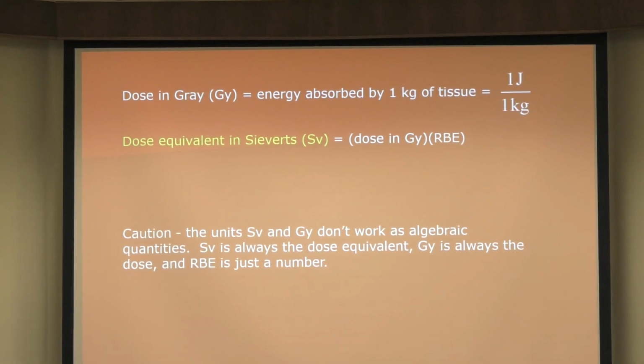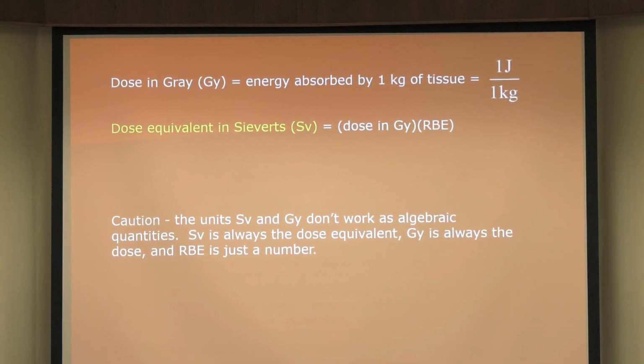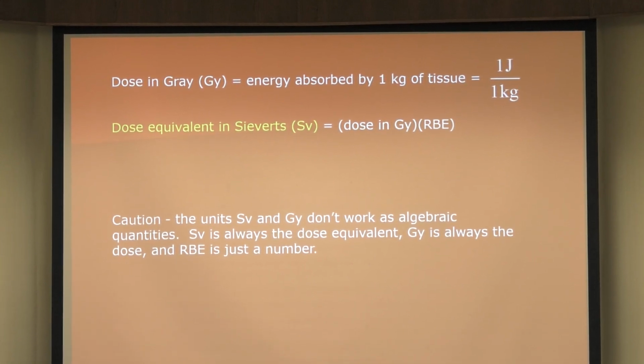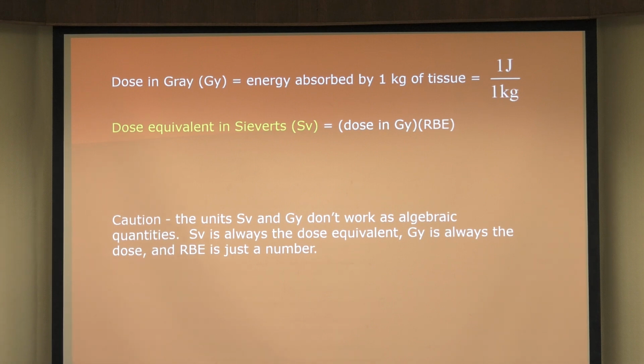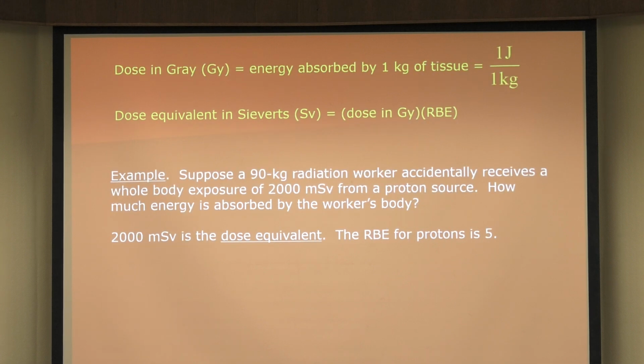Sieverts and grays don't work as algebraic quantities. Sieverts is always the dose equivalent, gray is always the dose, and RBE is just a number. This is probably the first and last time you've seen it, but it just doesn't work like it usually does.